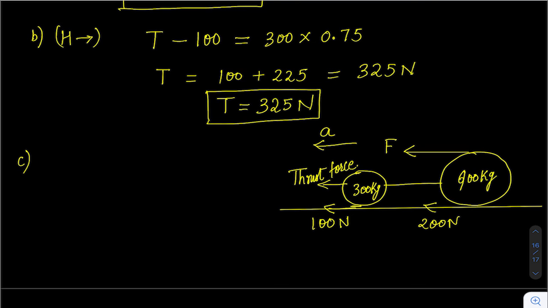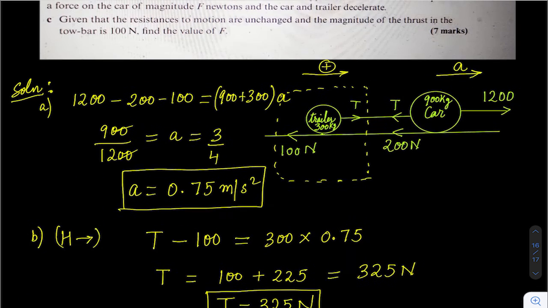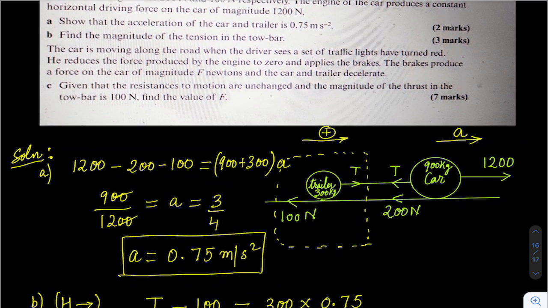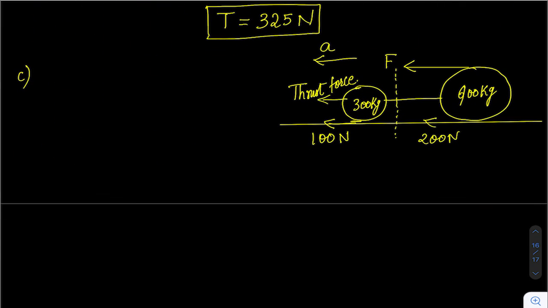So now on the trailer, what's my equation? What's happening to the trailer if we just consider the trailer now? On the trailer, we have this thrust force. What's the force that is given? I think it's given as 100 newtons. Magnitude of the thrust in the tow bar is 100 newtons.